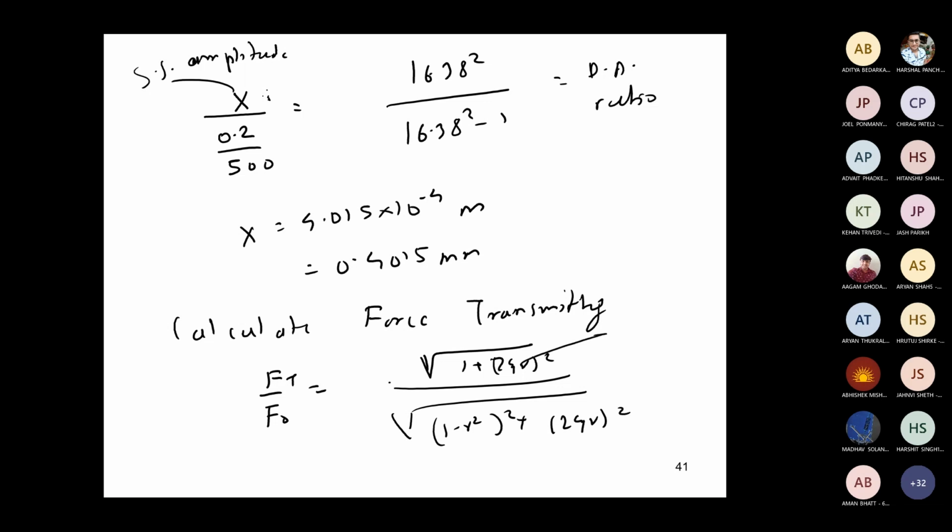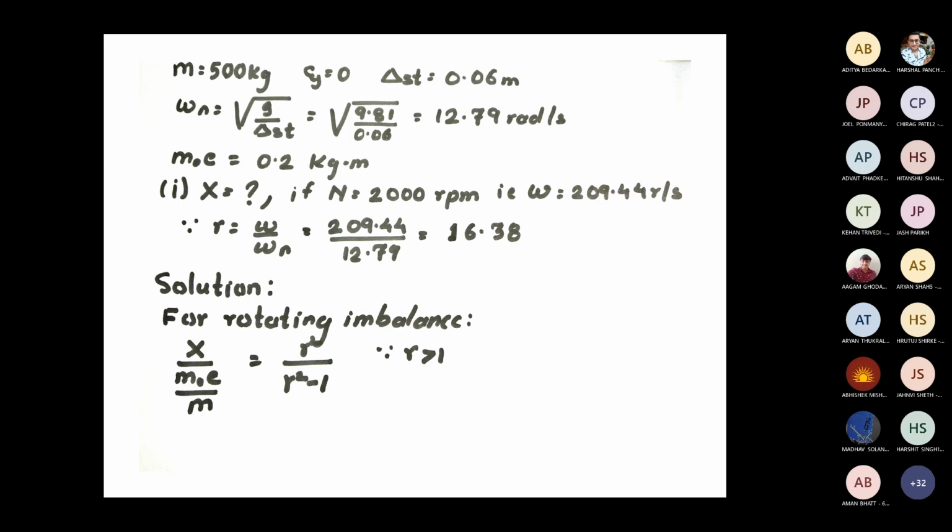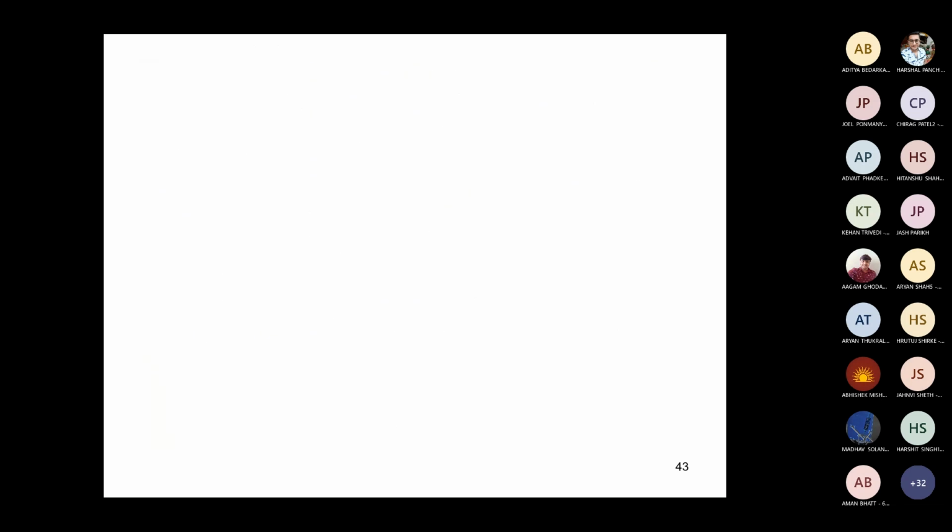So in this you have to substitute zeta is equal to 0. So this reduces to Ft by F0 is equal to 1 upon r square minus 1, provided r is greater than 1.